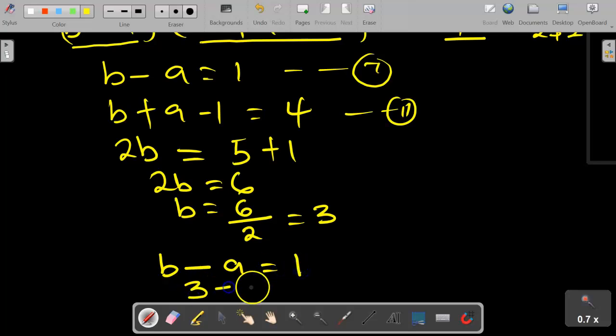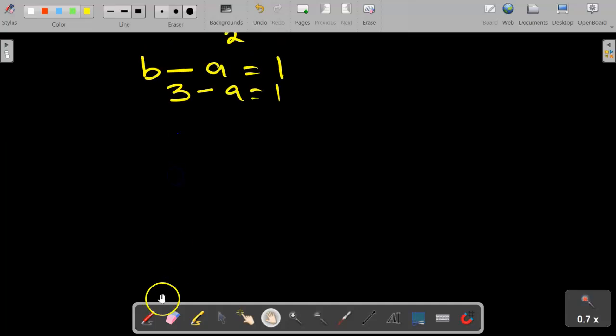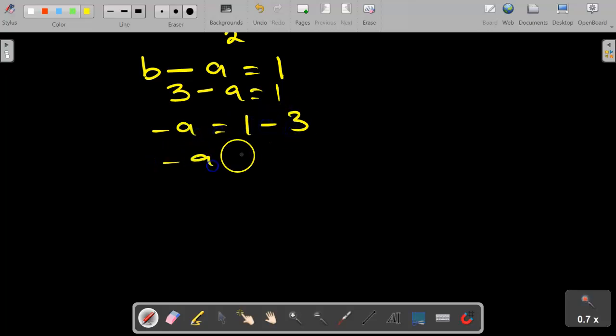So 3 minus a is equal to 1. So minus a is equal to 1 minus 3. So minus a is equal to minus 2. Therefore, a is equal to 2.